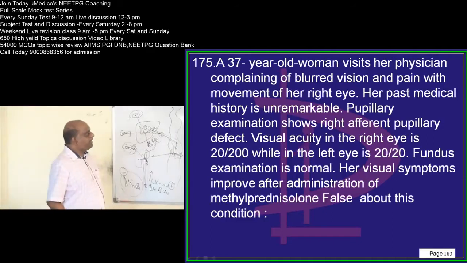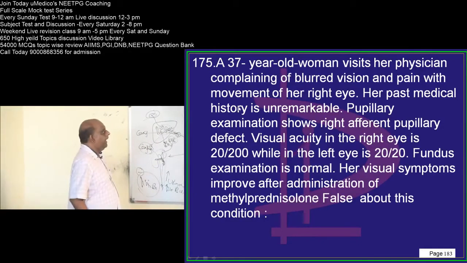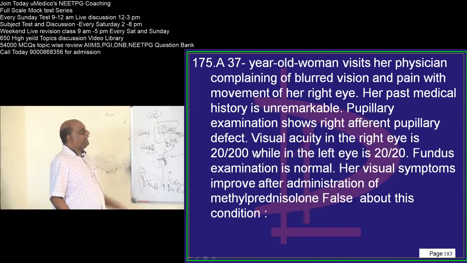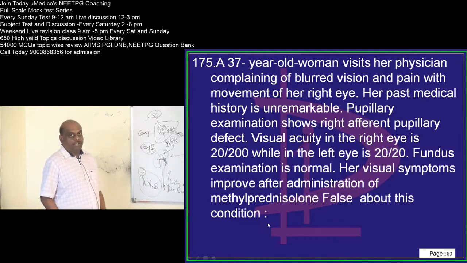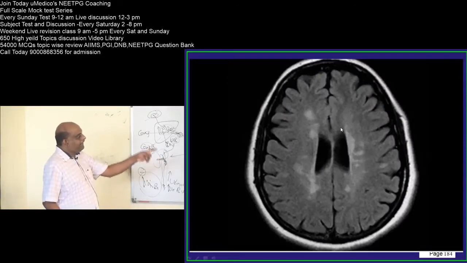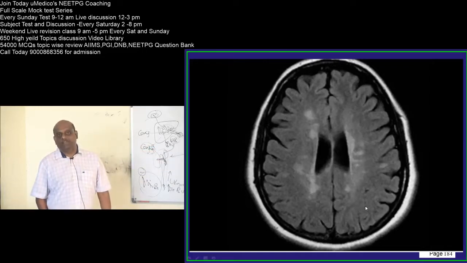A 37-year-old comes with blurred vision and an afferent pupillary defect. After giving methylprednisolone her visual symptoms improved, and she has pain while moving the eye. Periventricular demyelinating plaques are seen, called Dawson's fingers.